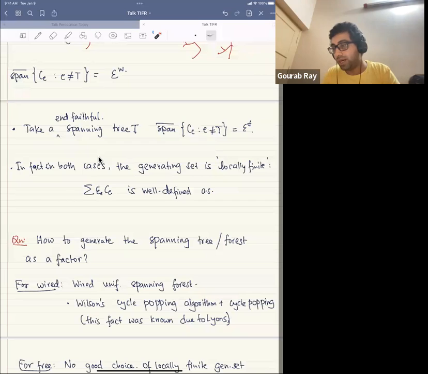However, this wired uniform spanning forest gives you the generating set for the wired space. It doesn't give you the generating set for the free space. What gives you the generating set for the free space is the free uniform spanning forest. But unfortunately, the free uniform spanning forest is a much less understood object, and we don't know how to generate that as a factor of IID.